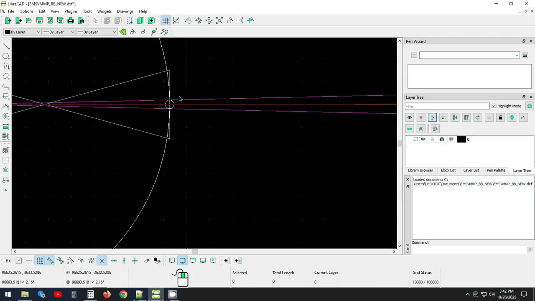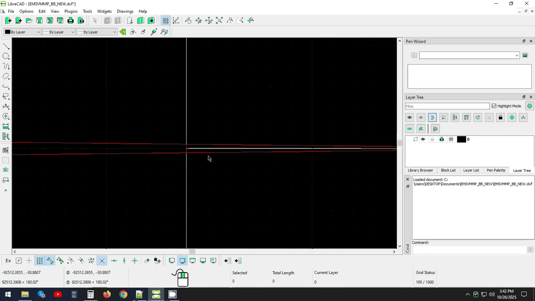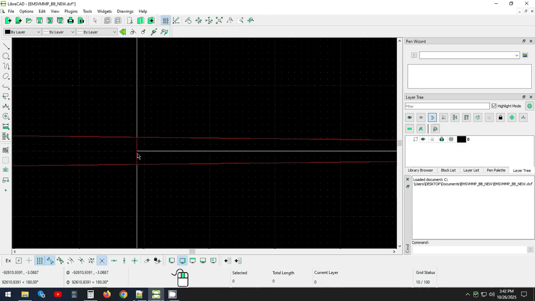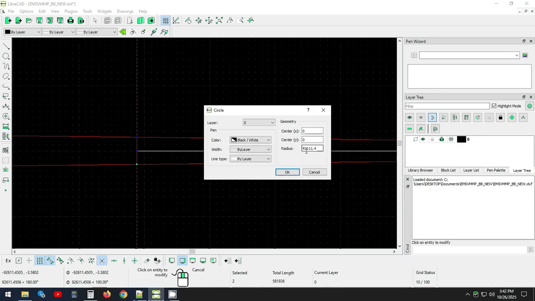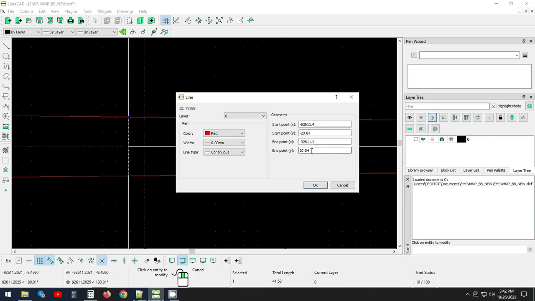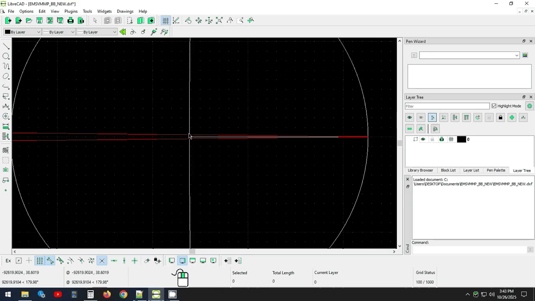So what I did next was, from our moon, I have our 20.84 kilometers. We use it as a reference.